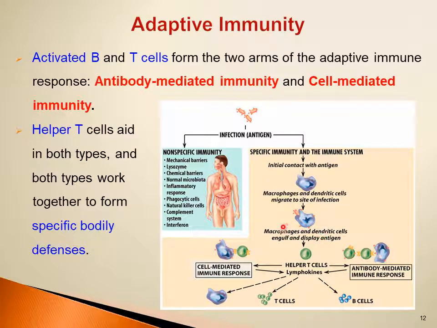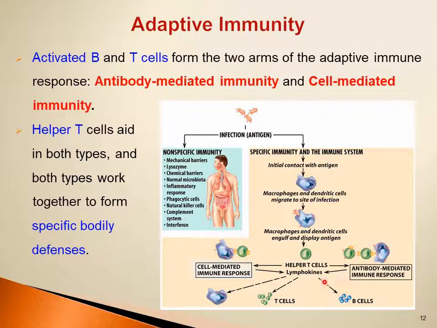They will engulf the invader or the pathogen and present its antigen to the surface, where the helper T cells will recognize that and become activated. The helper T cells in turn will activate the cell-mediated immune response and the antibody-mediated immune response.